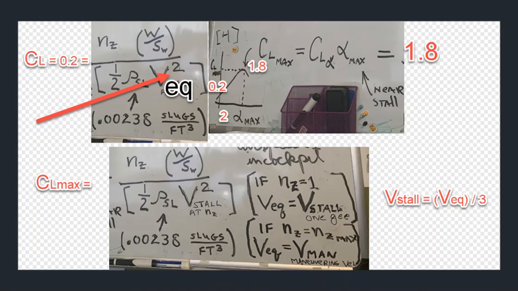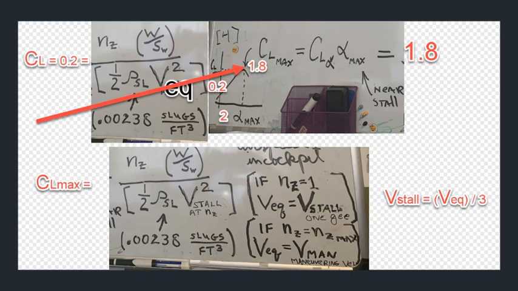That's Q. So this is wing loading over Q. I know that C sub L is 0.2. I'm at 1G, so I'm over here on the C sub L alpha curve, right here at 0.2, and I have 2 degrees. My equivalent velocity is 150 miles an hour. That's given. So I'm going to go from 0.2 up to the maximum, 1.8, and that's going to take me to 18 degrees.